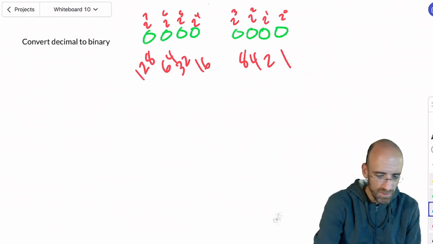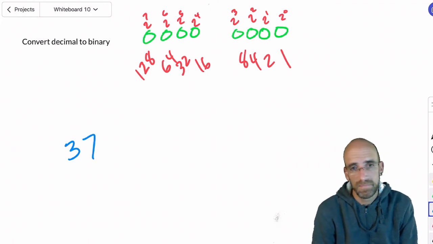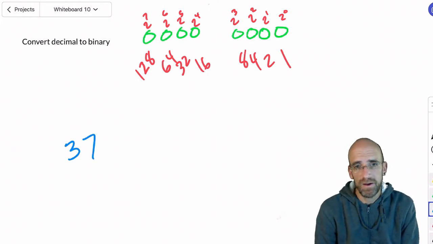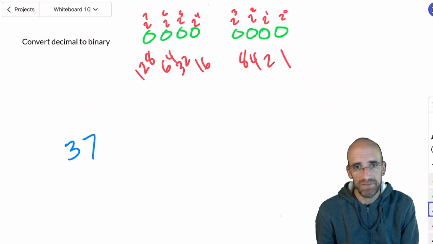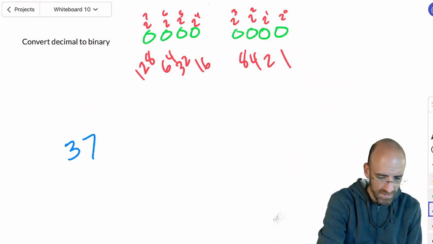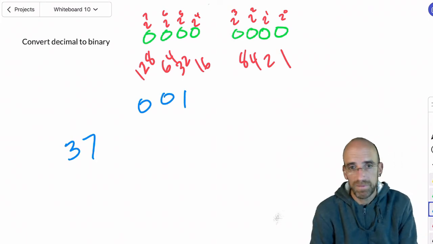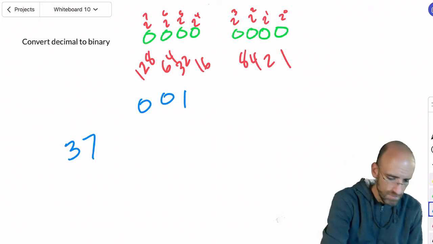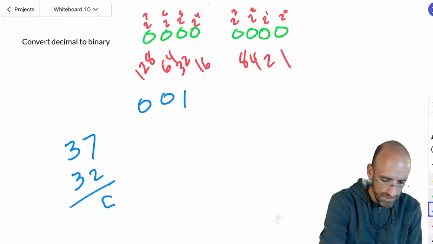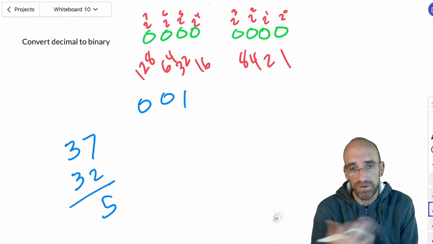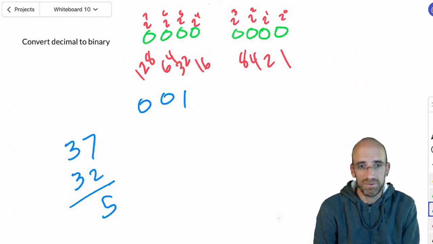So if I have the number 37, all I have to do is figure out which bits have to be turned on to add up to 37. There are no 128s. There are no 64s. But we can turn on a 32, and there would be five more to get together to reach 37.